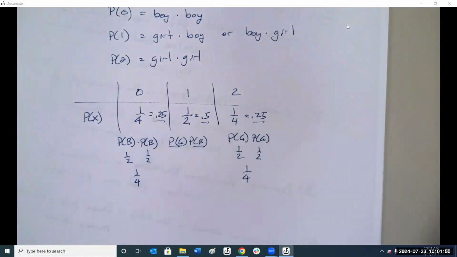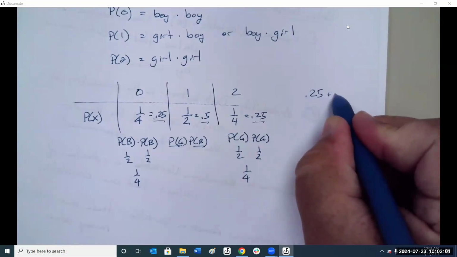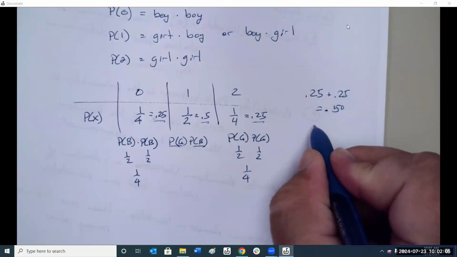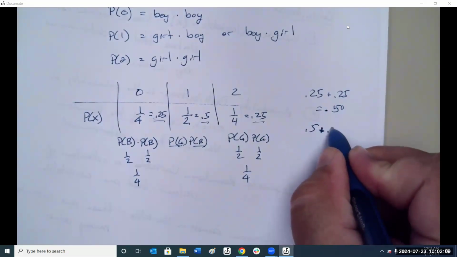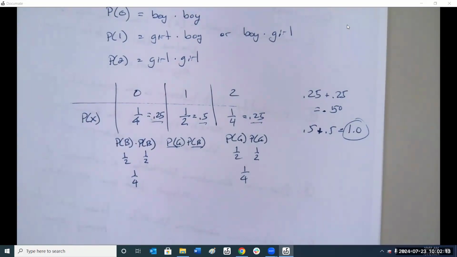If we add them together, does it equal 1? Yes. 0.25 plus 0.25 is 0.5, plus 0.5 is 1.0. So check. That is a legitimate, valid probability distribution.